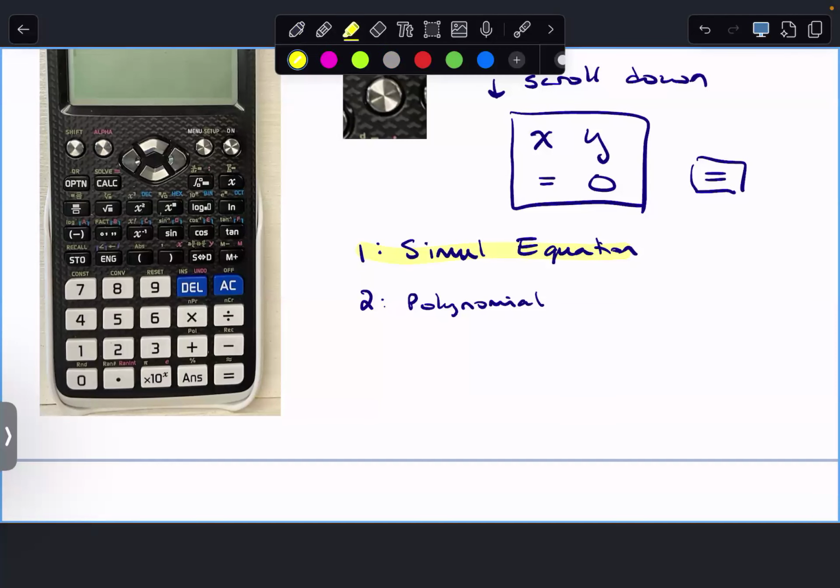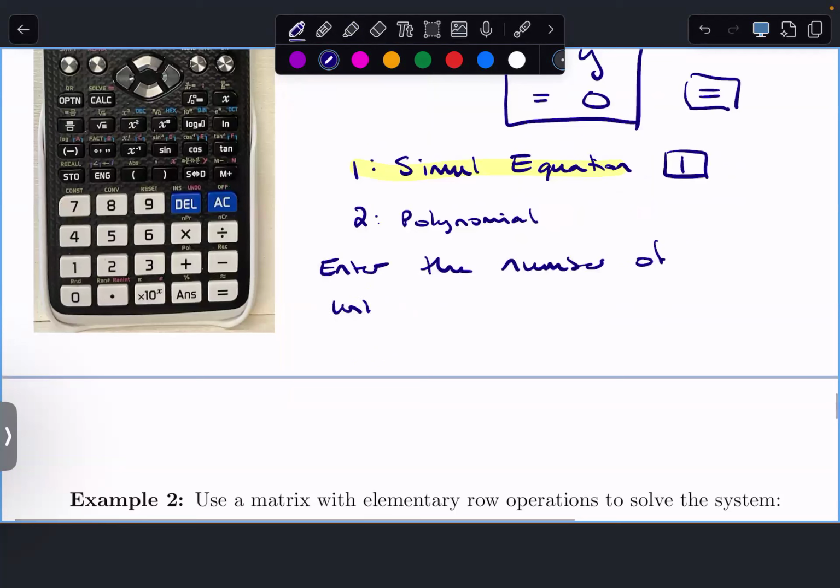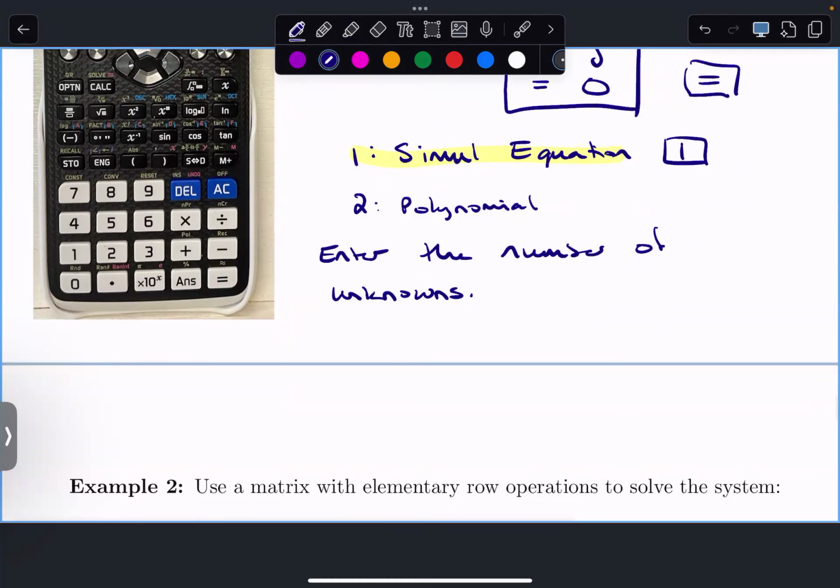We want 1. Enter the number of unknowns, and then enter the system, and then hit enter, and then it'll give it to you.